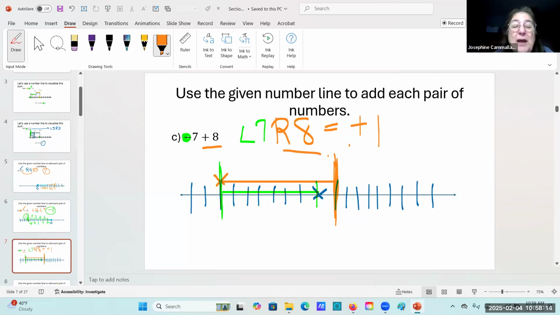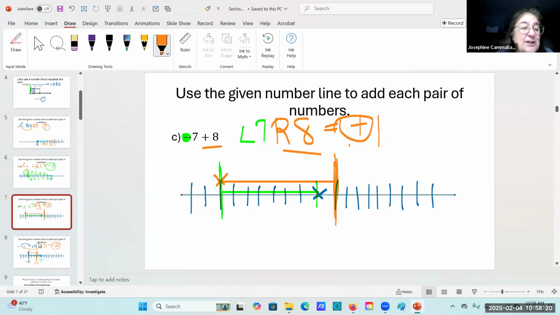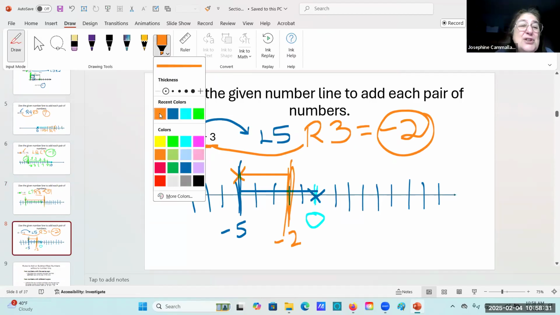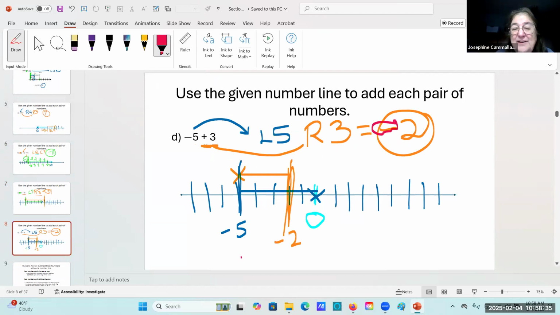But the bigger number is right, which means I have a positive answer. But this one, I'm going left and right, but the left is bigger than the right. So therefore, my answer is negative.